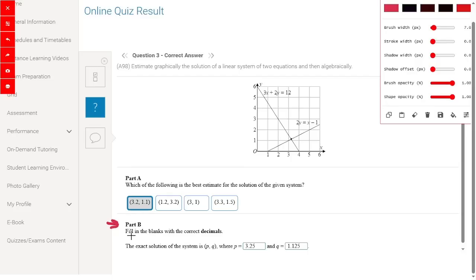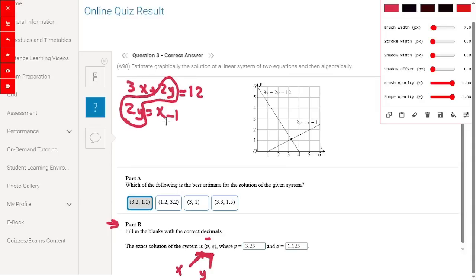Now part B, fill in the blanks with the correct decimals. The exact solution of the system is (p, q). It's a point, so p will be x and q will be y. So let's solve these two equations. We have 3x plus 2y equals 12 and 2y equals x minus 1. So we'll substitute 2y with x minus 1. We'll have 3x plus x minus 1 equals 12.